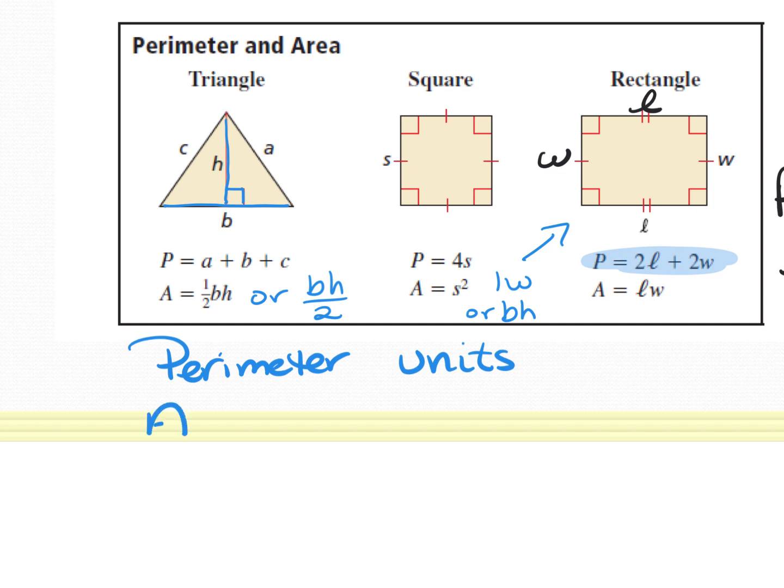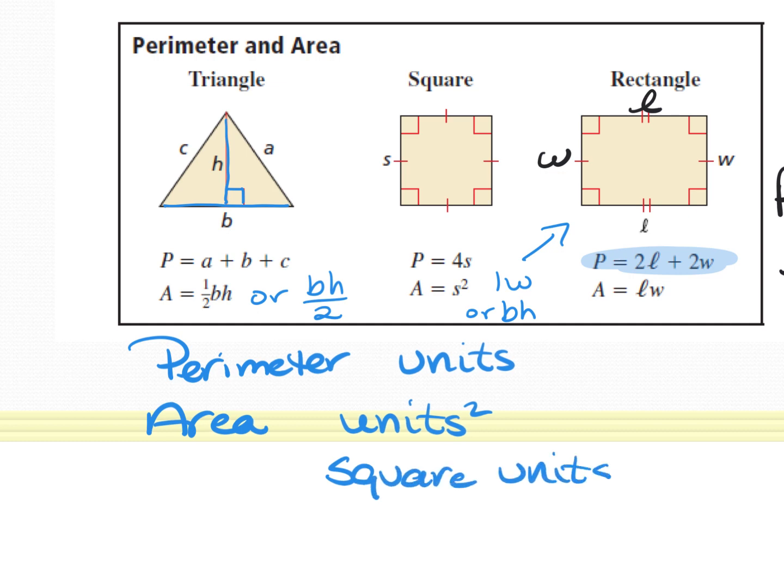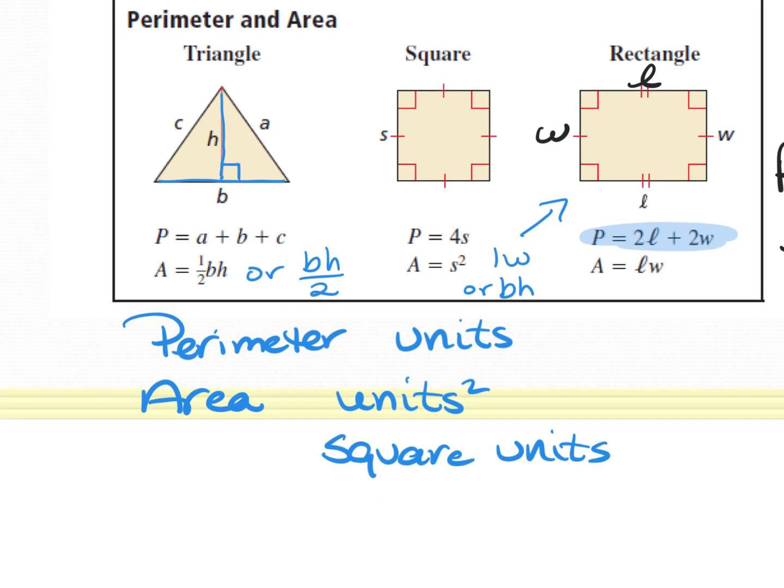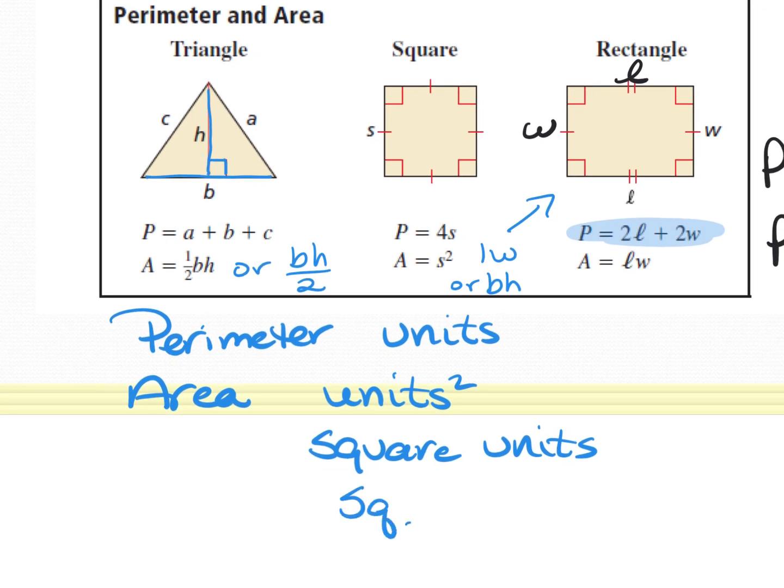And then for the area answers, it's always going to be units squared, or you might see them spell out the word square units, or abbreviate it and put SQ units. But just know area answers always have the units squared, and then perimeter is just whatever the units were.